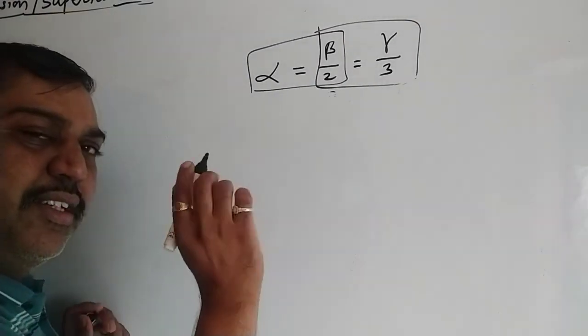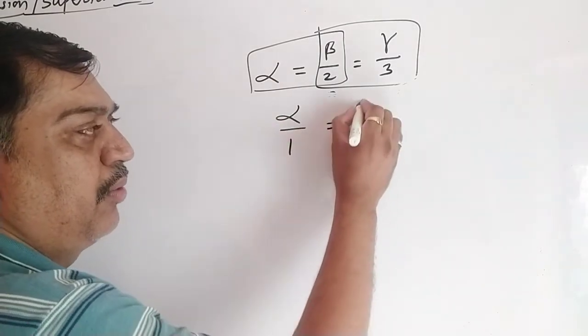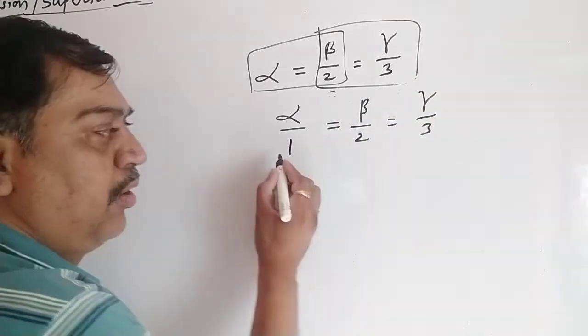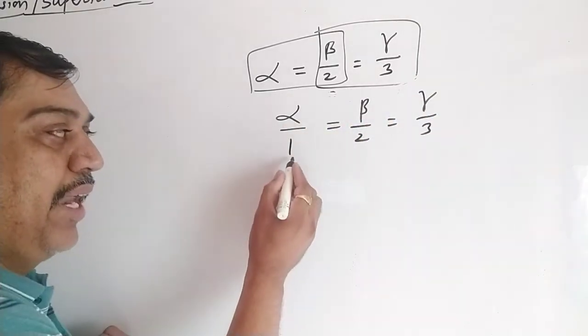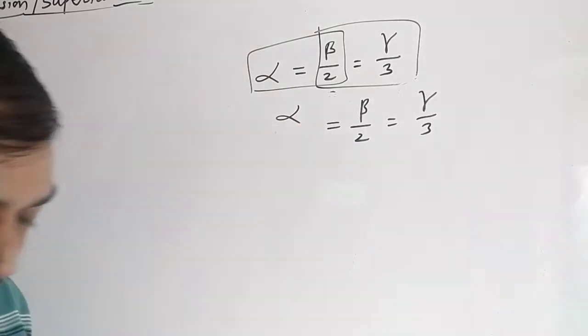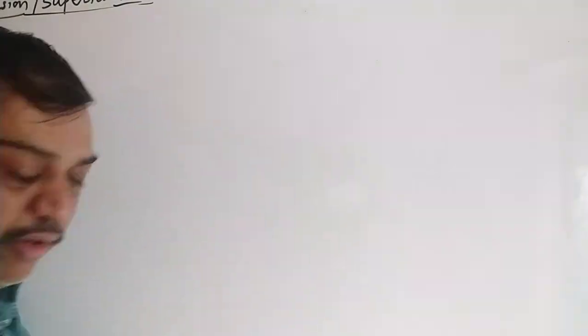This is very easy to understand: alpha divided by 1 equal to beta divided by 2 equal to gamma divided by 3. 1, 2, 3, alpha, beta, gamma. Any number divided by 1 we can represent simply as alpha. In this fashion you can remember the relation between the three coefficients of expansion: linear, areal, and volume.